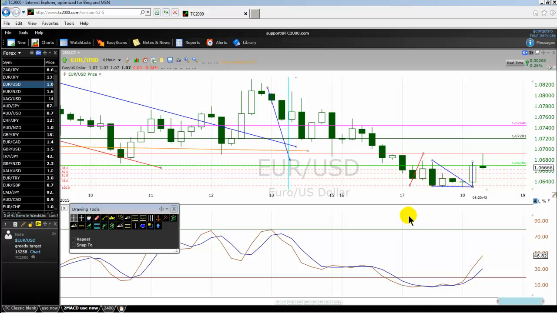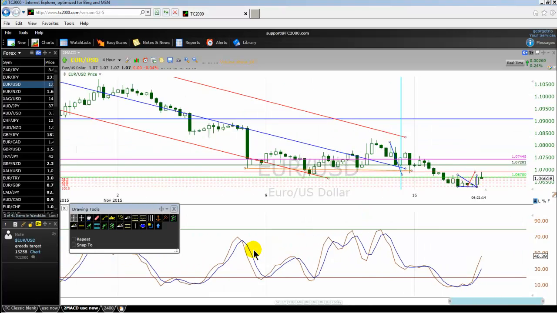Check the videos about the ending diagonal, or go to www.24ElliottWave.com and check the fifth Elliott wave extension web page, and you will know a little bit about the ending diagonal.